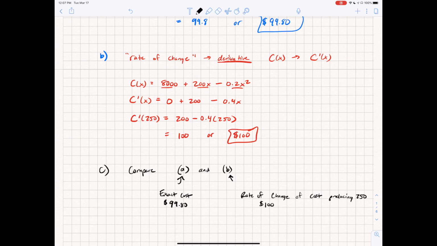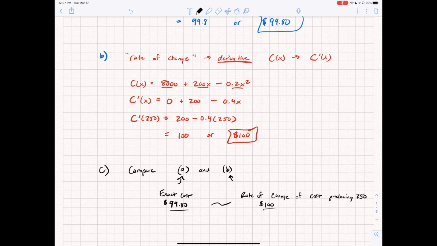So notice how similar these numbers are. Now, we are off by 20 cents, but for analysis purposes, 20 cents is actually not that big in terms of deciding if I want to produce an object. Saying something would cost me $99.80 versus $100 isn't a big difference and won't be a big deciding factor.